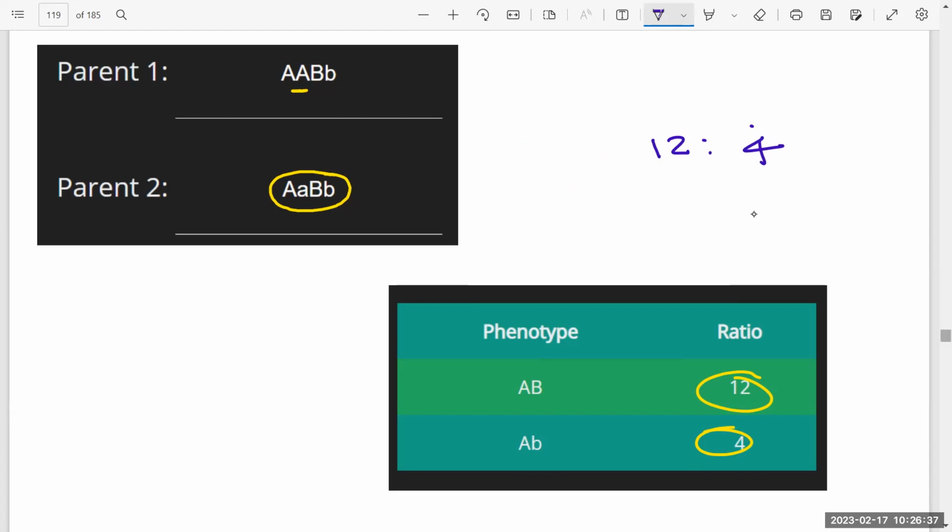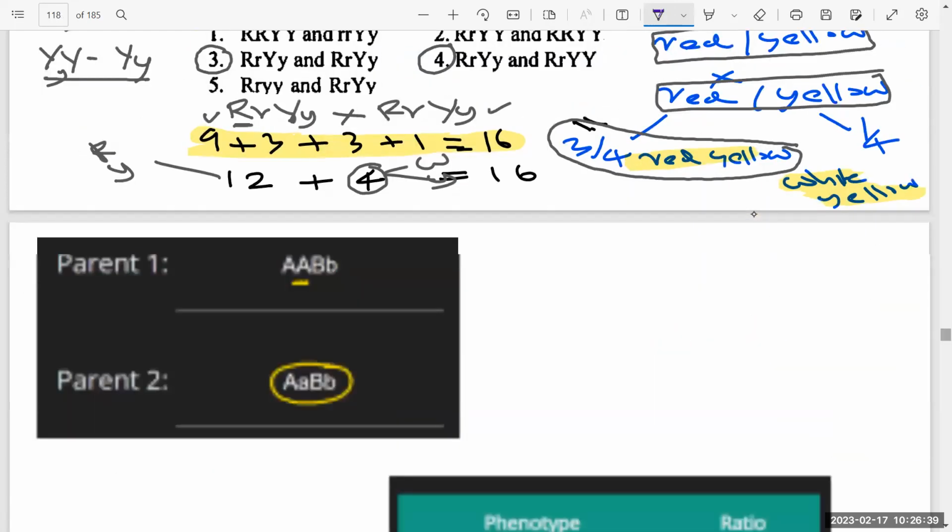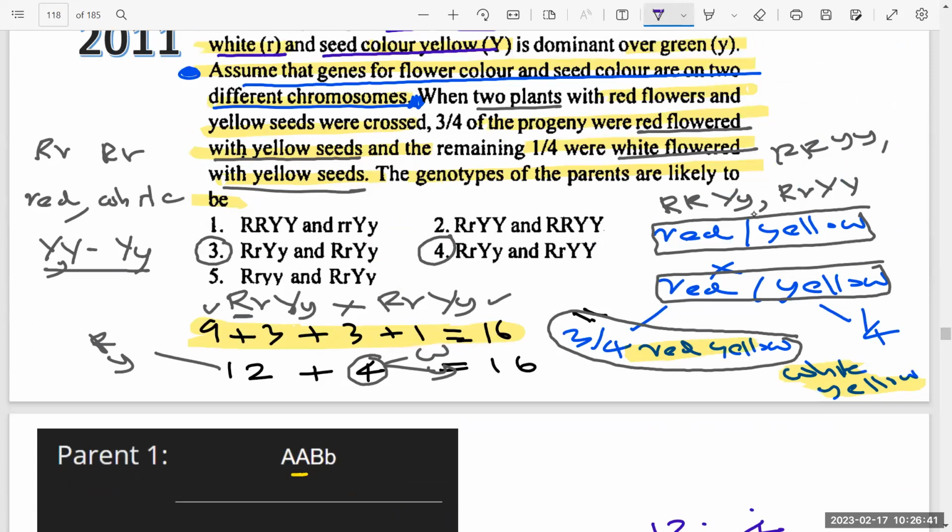So we always make a quick exercise when we are given ratios like this. We try to see whether it matches the Mendelian total, the ratio's total number. So 16 is the number, and we check whether it matches 16.